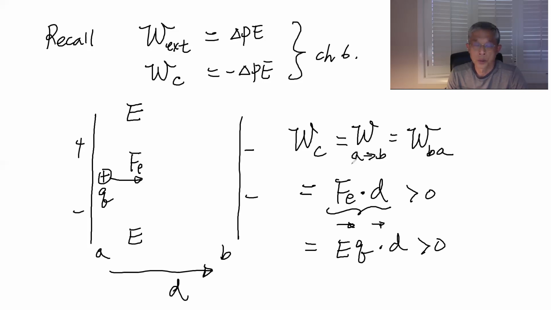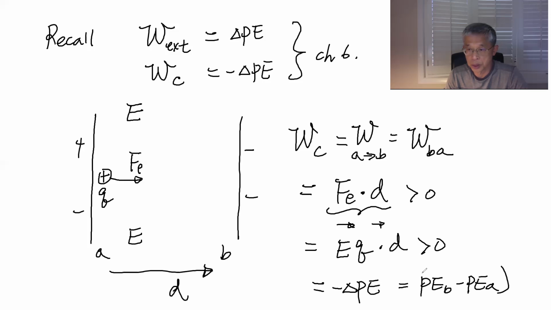So the work done by the electric force is larger than 0, and that's equal to minus delta PE. That's equal to minus PE final minus PE initial, which is PEA minus PEB.